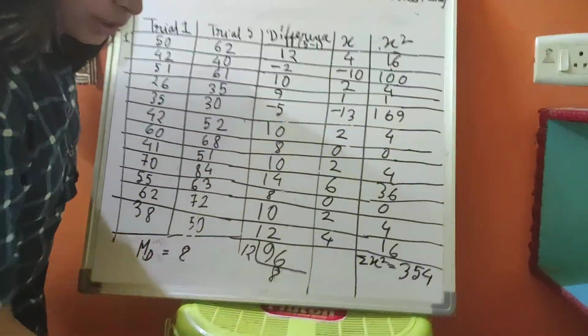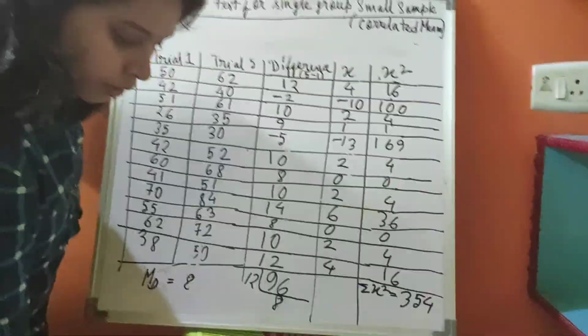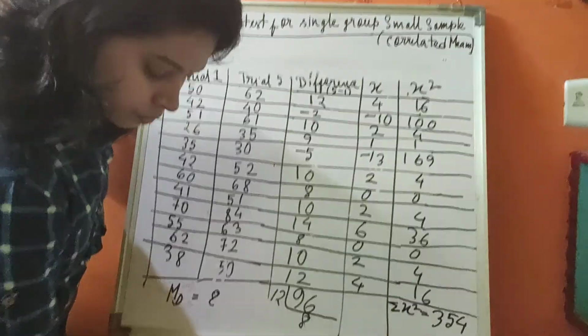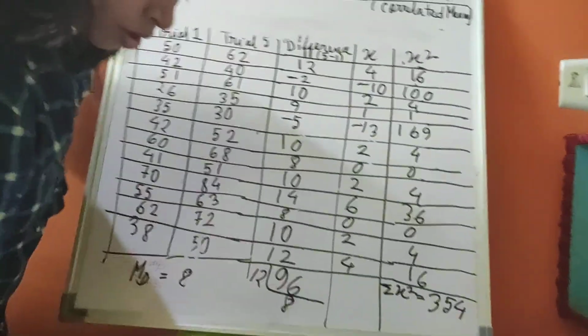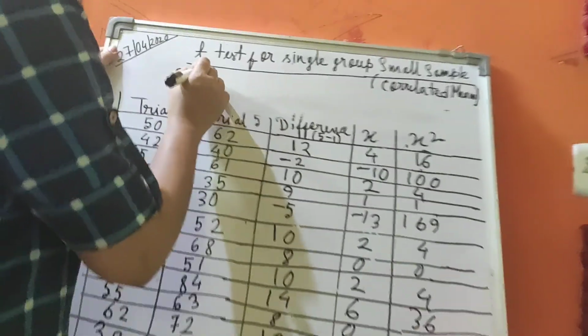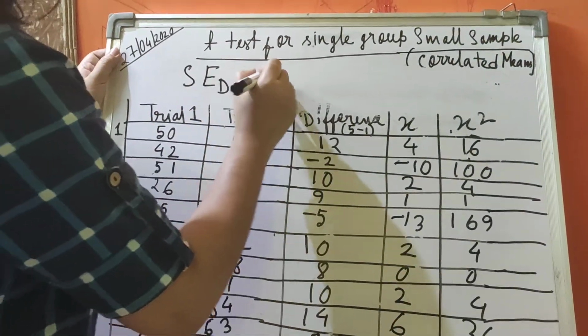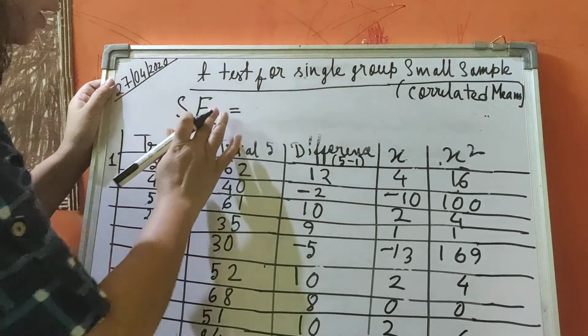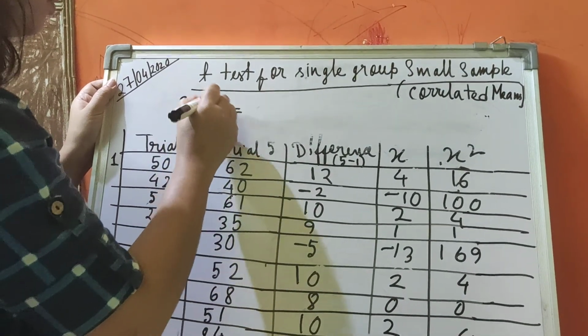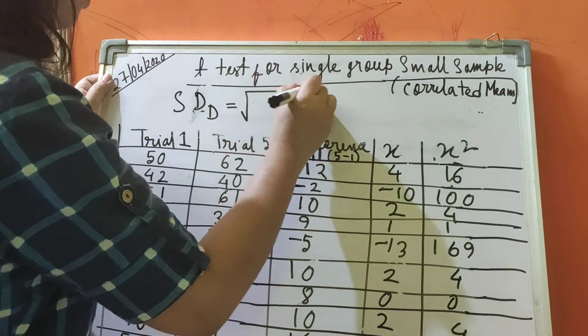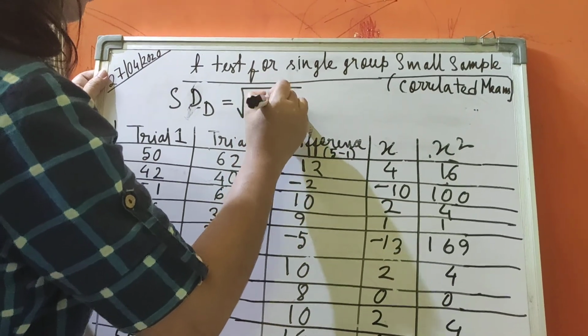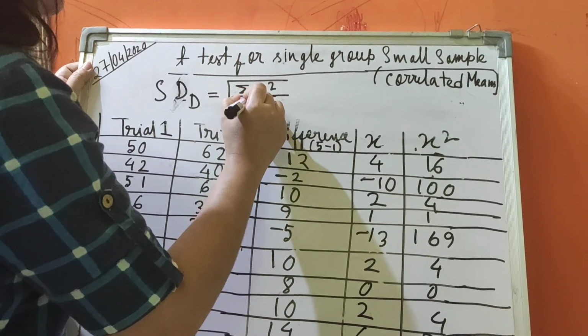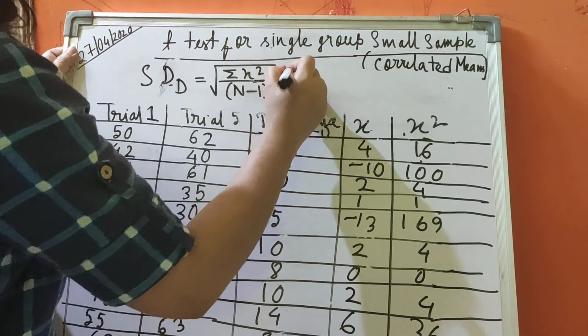So we will calculate the standard deviation. Standard deviation is the square root of summation of x square divided by n minus 1.